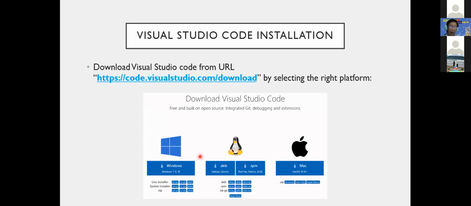Let's say you are using a Windows operating system, Windows 7, Windows 8 or Windows 10, you should download from here. Click on this button to download it. If you're using Mac, then click here to download the software. Or if you are using Linux, whether it's Debian or RPM, then you download accordingly.